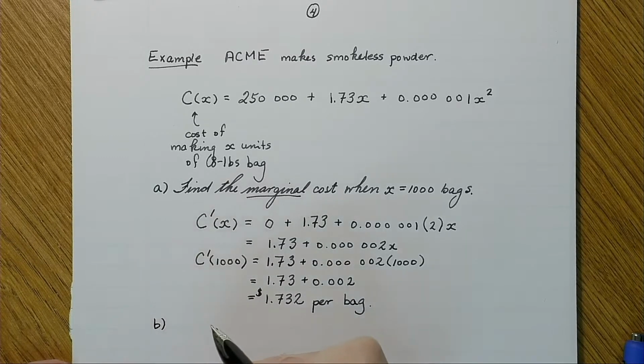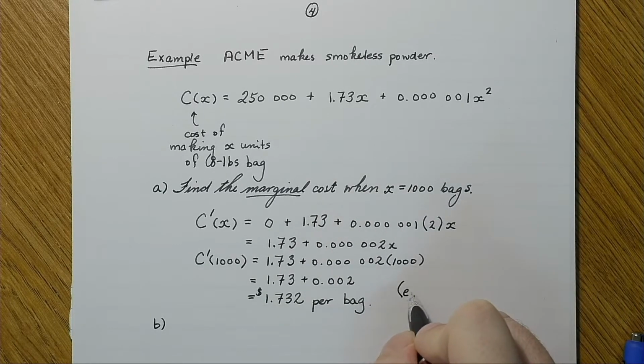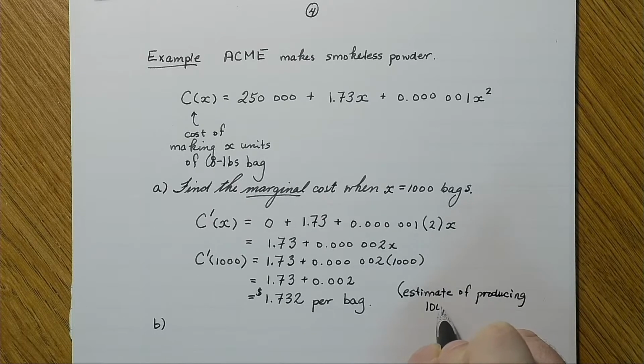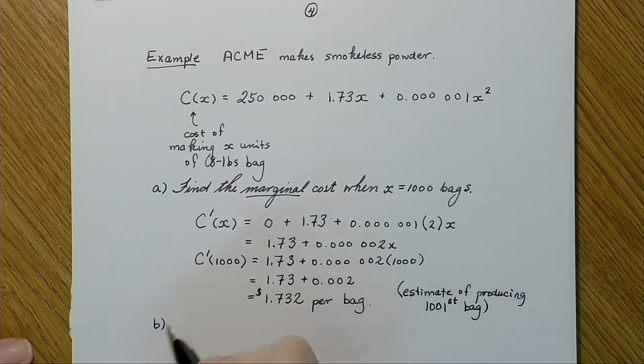And then the B, we're going to compare this to the actual cost of producing the 1,000. So again, this would be our estimate for producing the 1,001st bag. Let's do the actual cost then.